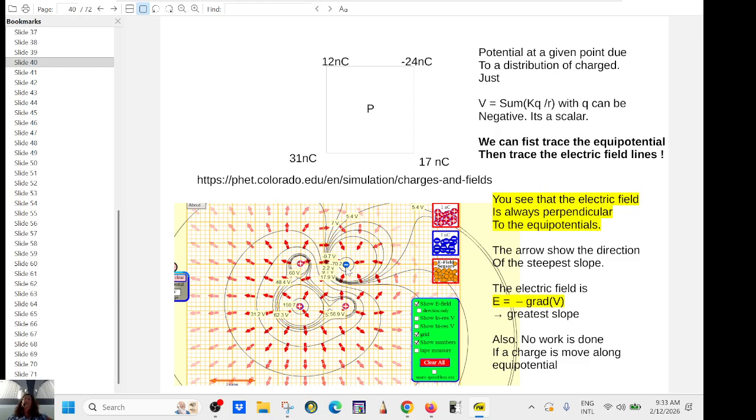So if you want to take it uphill, it's like going uphill when you are biking, you have to do work against gravity. Here you have to do work against the electric field. Okay, so that's how it works. Usually you do that with computer coding, right, to find the vector field and the equipotential. But anyway, now if you have a negative charge, everything is opposite.